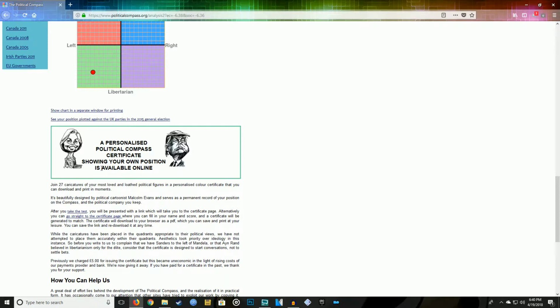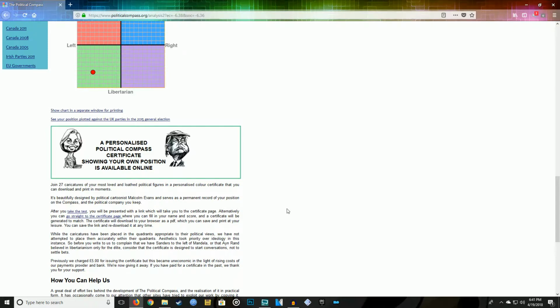Personalized political compass certificate showing your own position is available online. That's pretty cool. After you take the test, you will be presented with a link which will take you to the certificate page.